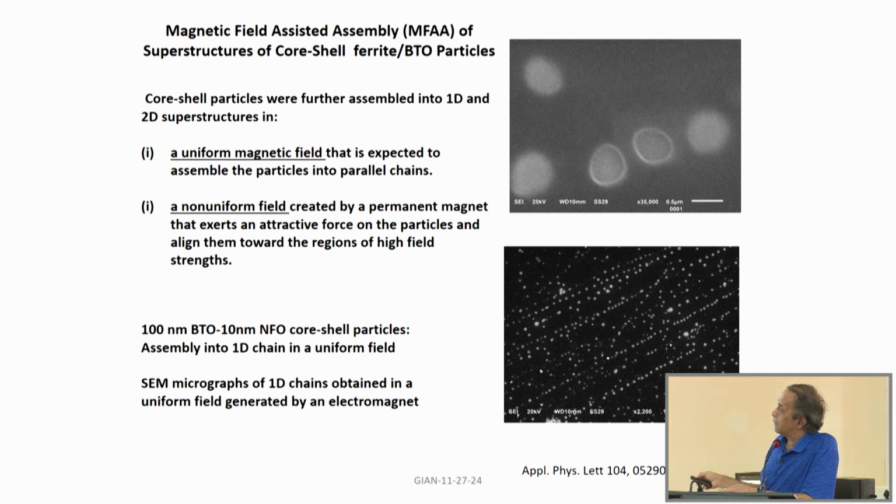This is at a little bit higher concentration. The streaks of these lines indicate the field direction, and the core shell particles do align themselves along this direction. So that would mean that the nickel ferrite that we used was indeed ferromagnetic. Otherwise, it won't line up the way it is seen in these images.